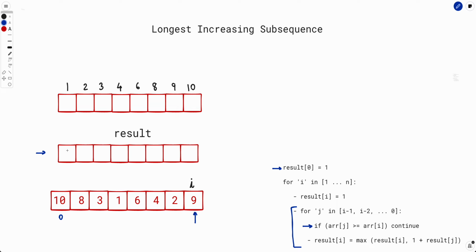So initially result of 0 would be 1, because the maximum increasing subsequence that you can form with just one element is 1. And as discussed, we will update this 1 into this position because 10 maps to this position, right? So we will update 1 here, right? Everything else is 0 currently, right?